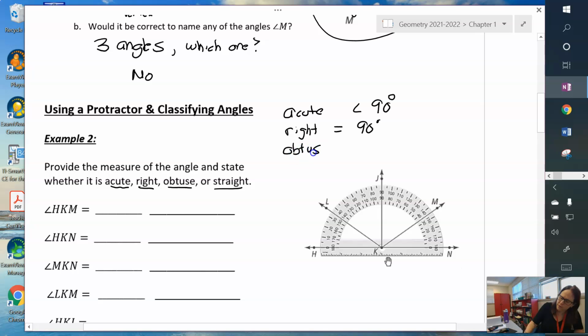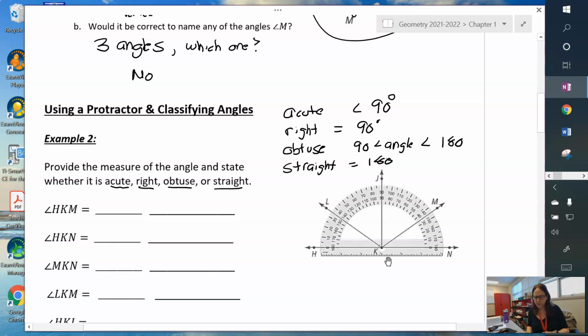Obtuse is greater than 90 but less than 180. So 90 is less than your angle, which is less than 180. And then straight, that's where it equals 180.